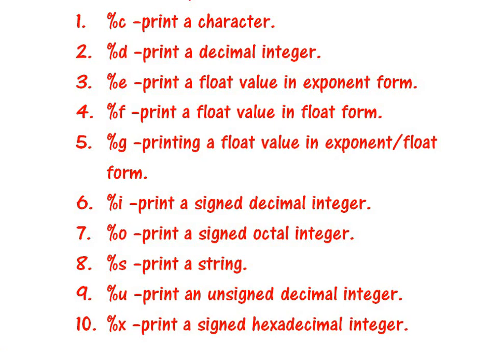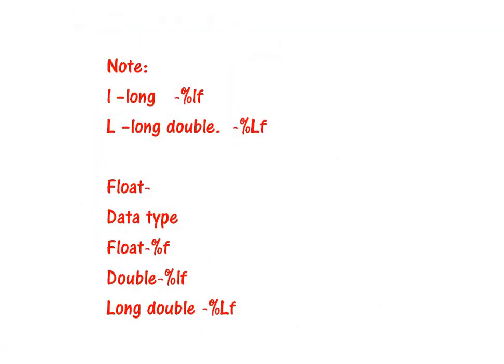And again, remember this: in the printf function and scanf function, small l and capital L are used. Small l is used for long or double data types used individually, long integer or double float data type, with %lf.